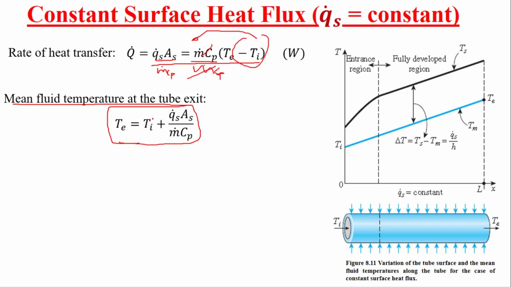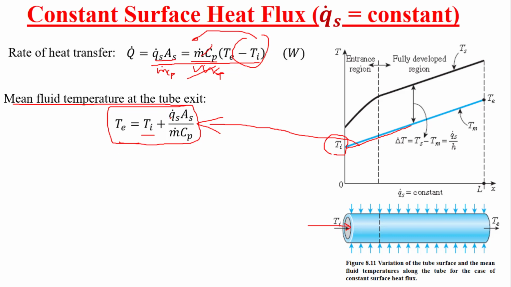Now, why is the blue profile linear? Because of this equation, which describes what happens to this profile. T inlet mean is constant, a specified temperature, the fluid entering the tube with a known temperature.